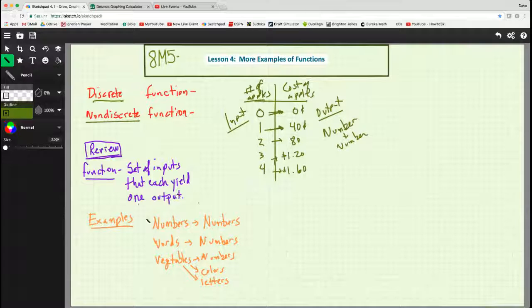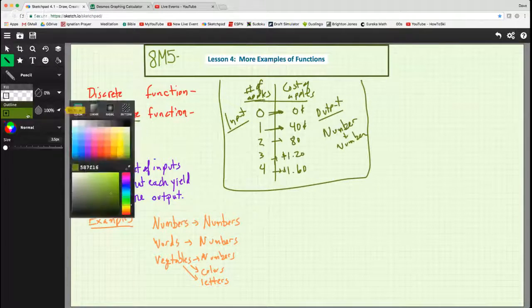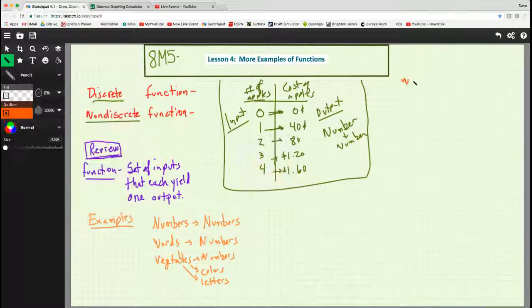Now, you can also have other kinds of functions, and these hopefully aren't terribly confusing, but sometimes your inputs can be words. So let's look at an example of our inputs being words. The input in this case will be any word.